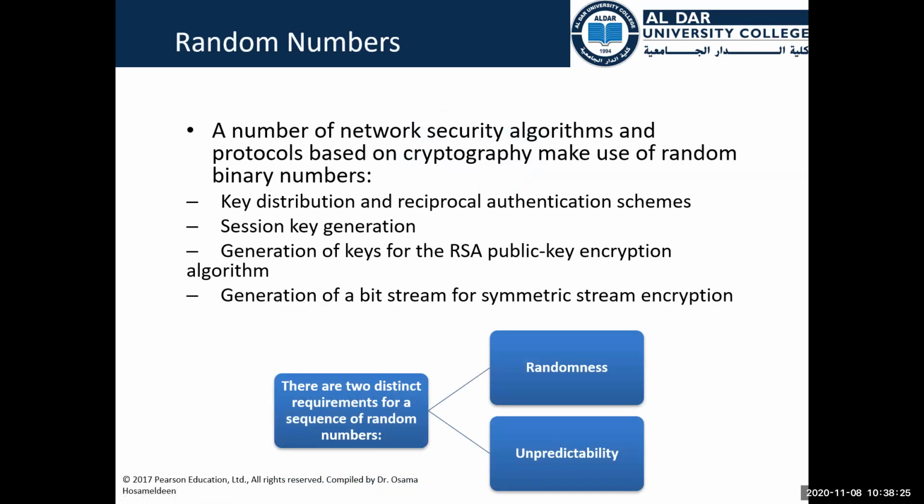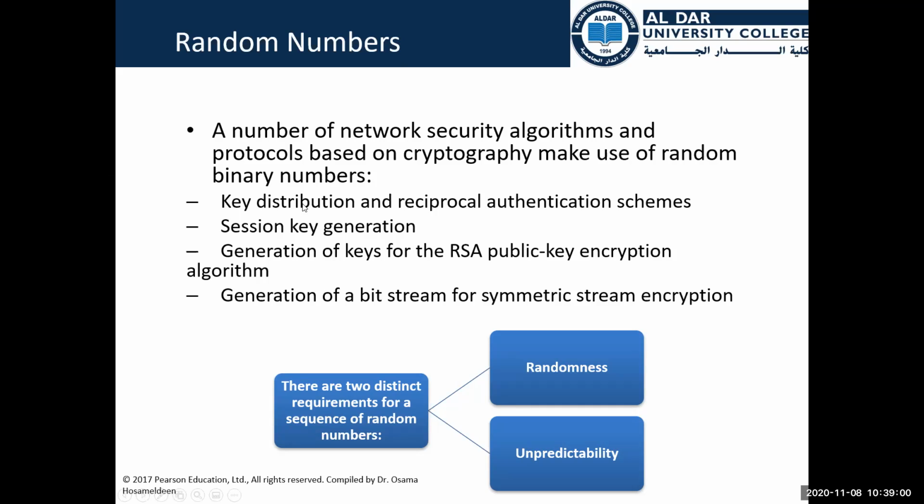Now we introduce random numbers. A number of network security algorithms and protocols based on cryptography use random binary numbers. For example, key distribution. Key distribution means if you want to distribute a key or create one key or multiple keys, you should use random numbers to create such keys.